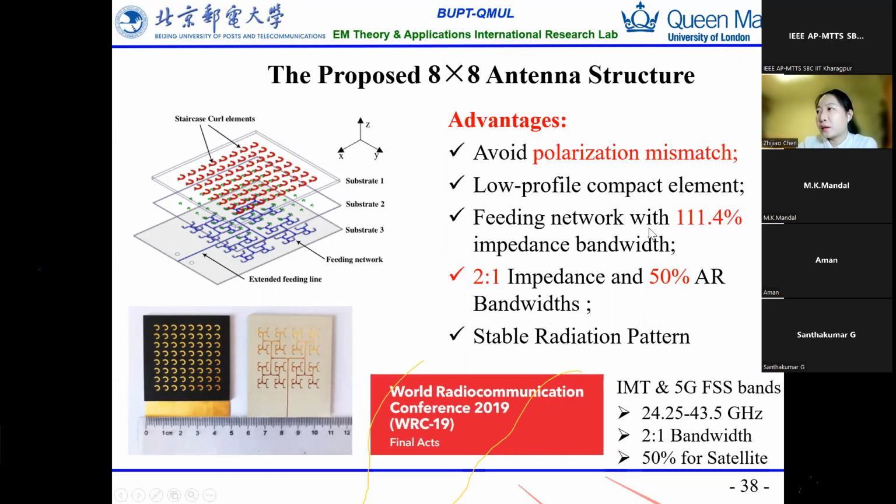It should be mentioned that this feeding network has over 100% impedance bandwidth. Overall, it achieved a 2-to-1 impedance and 50% AR, the axial ratio bandwidth. And in this bandwidth, it achieved a very stable radiation pattern. So it satisfies the requirements of WRC19.